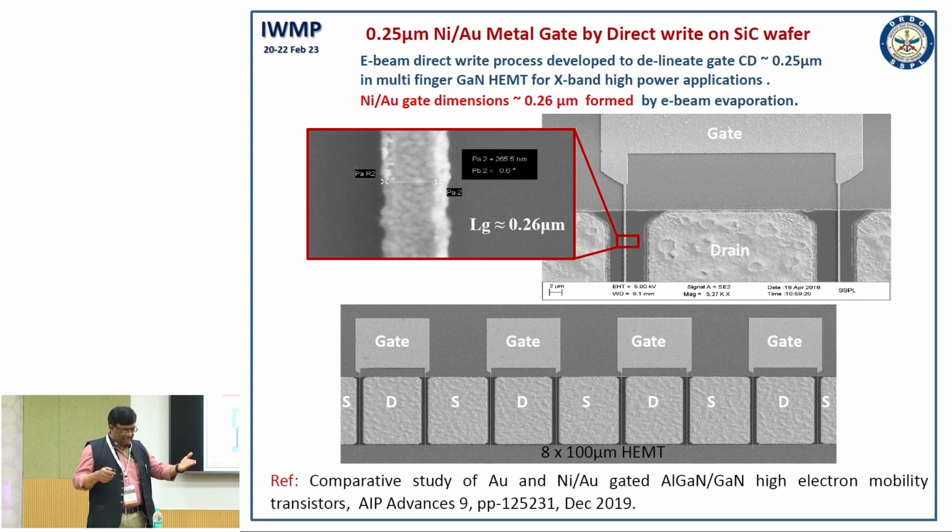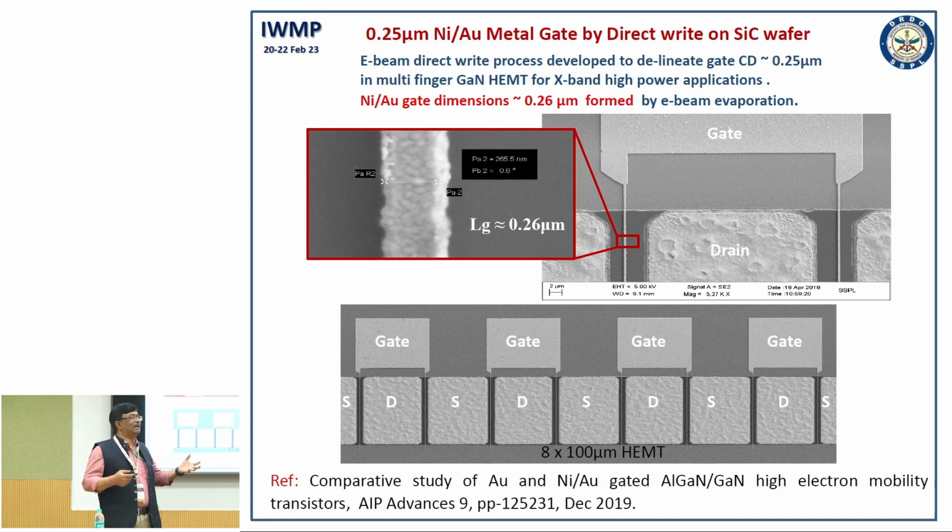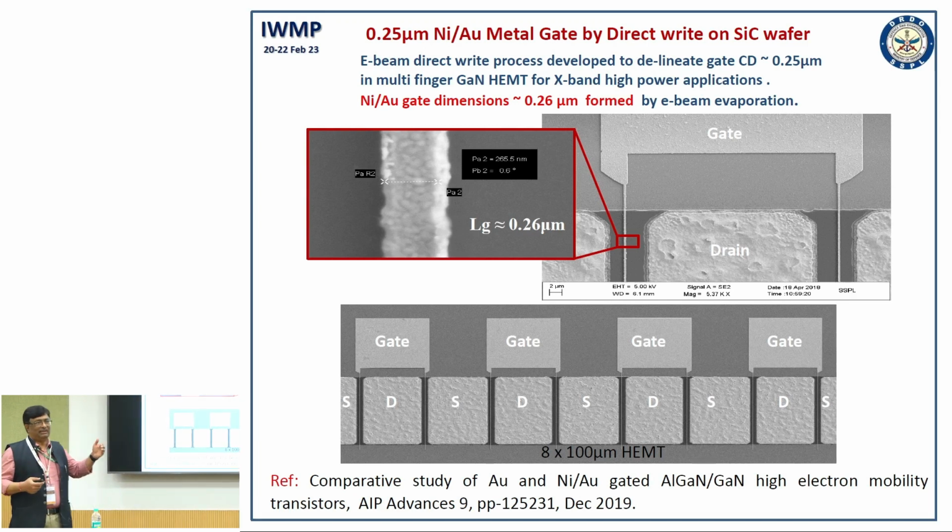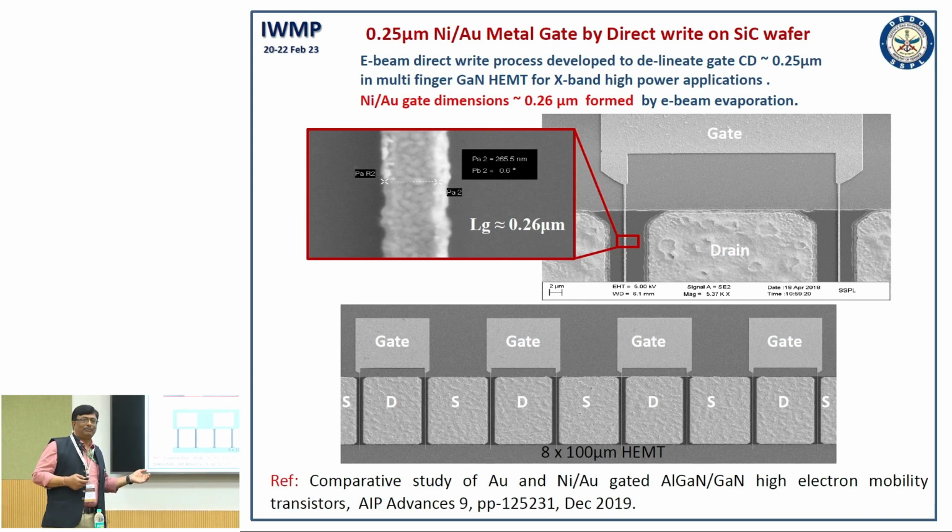So, in this gallium nitride technology, to have very high current handling capability, you have to have multiple gate fingers, and in these gate fingers, even if one single gate is bad, your complete device is bad. So, you have to have a very good gate yield.